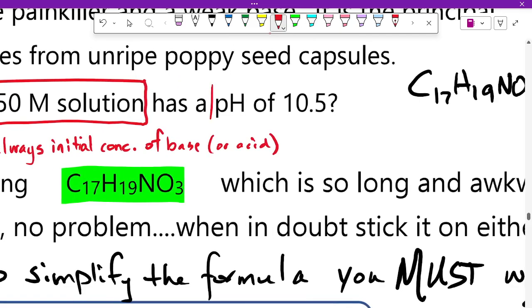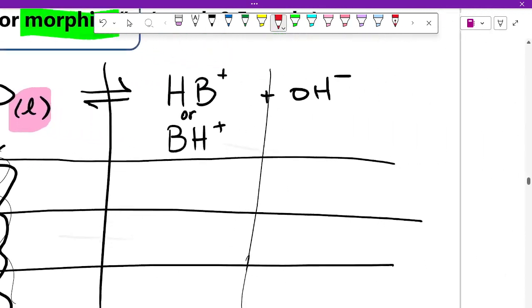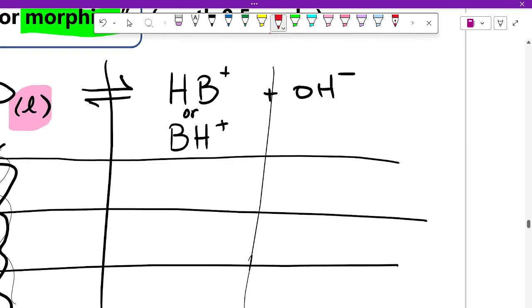If we give a pH, is that the initial pH or the final pH? Initial or equilibrium? What's our initial concentration of hydroxide? 0.